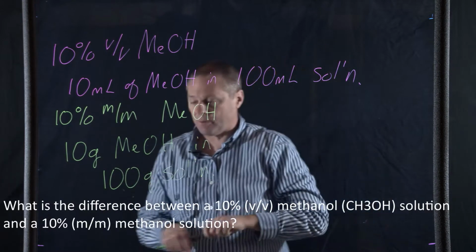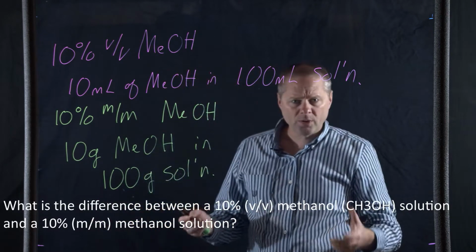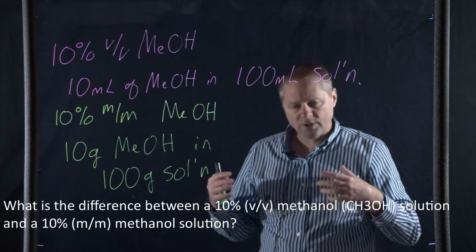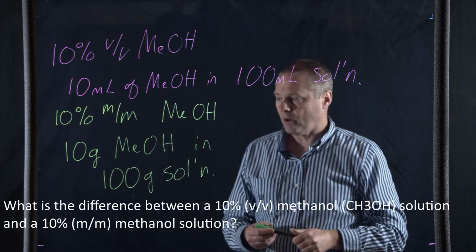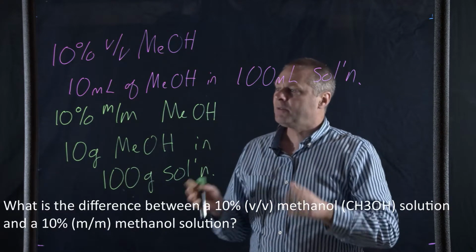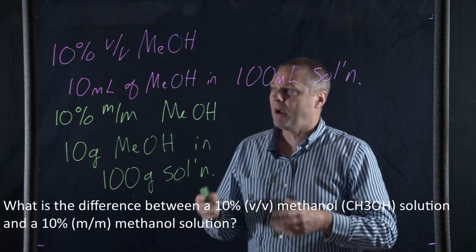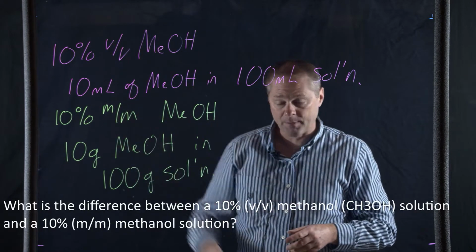So that would be the difference. What this really boils down to is the density of both the methanol as well as the water. But these are different calculations, different amounts, because you have a volume by volume as opposed to a mass by mass.